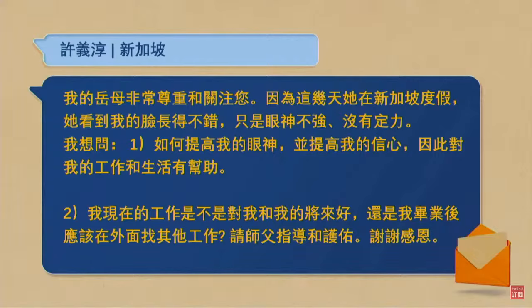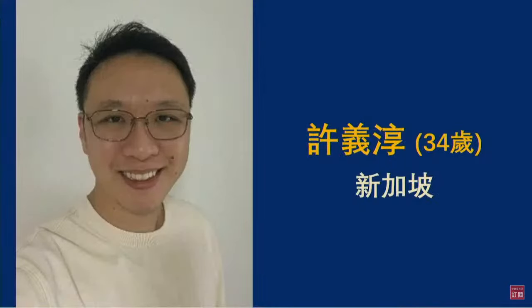My question is how to improve my gaze and increase confidence to improve my work and life. Is my job good for me and my future? Should I find another job after the electronic engineering graduation?